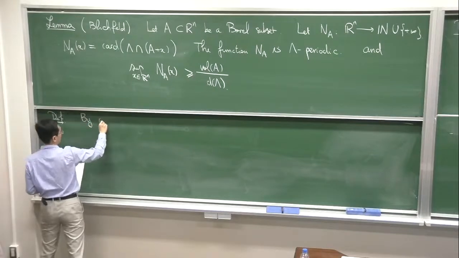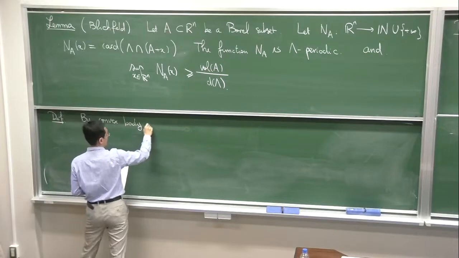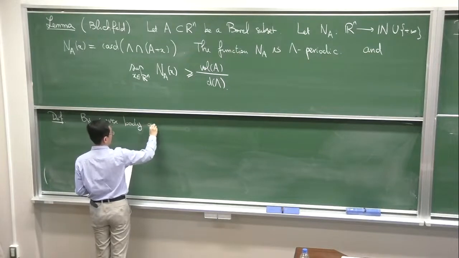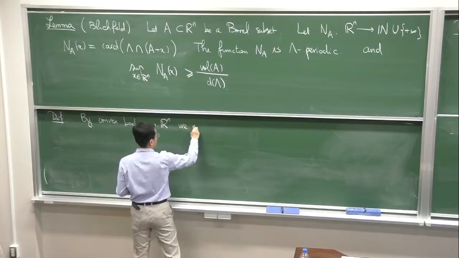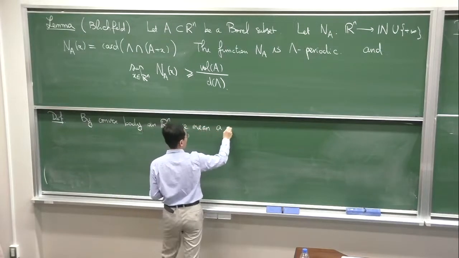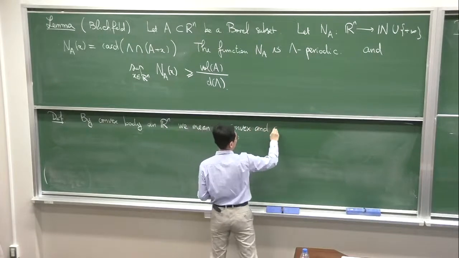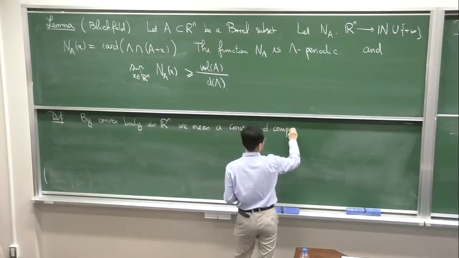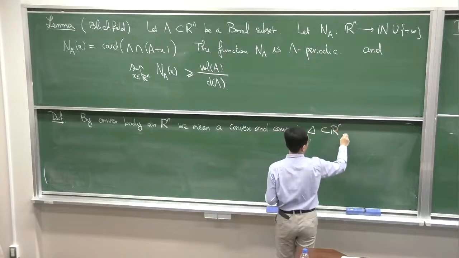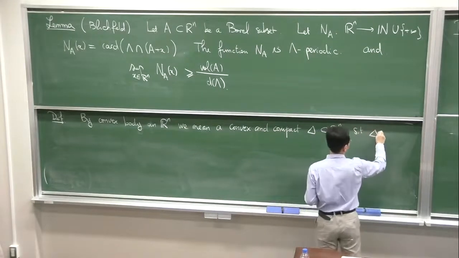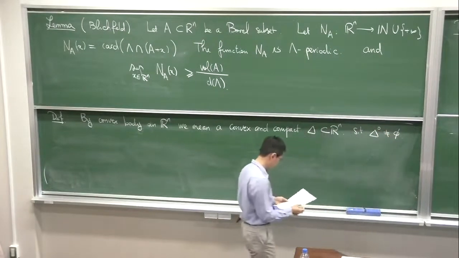By a convex body in R^n, we mean a convex and compact subset Delta in R^n such that the interior of Delta is not empty.